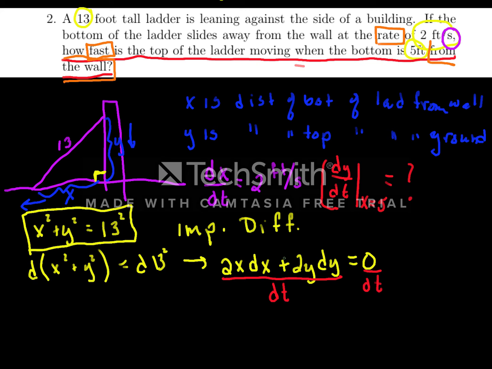And so I get the relationship that 2x dx/dt plus 2y dy/dt is 0.